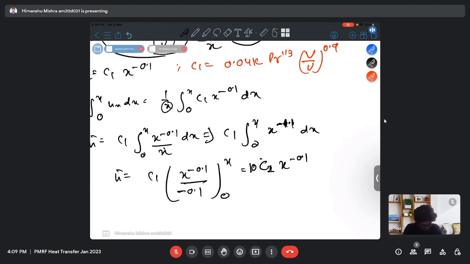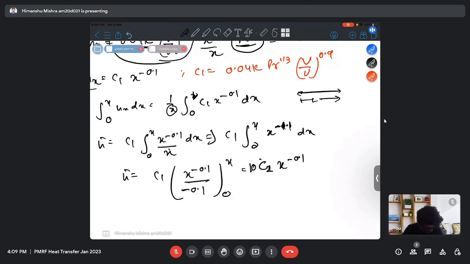Here x is a variable, so that's why I took it inside. If I have a defined length L, in that case it should be outside, and I can define my limit from 0 to L. In the case of L it is constant, so whether you take it inside or outside won't matter. But here this x is variable. So can we take this inside the integration sign and then integrate it?